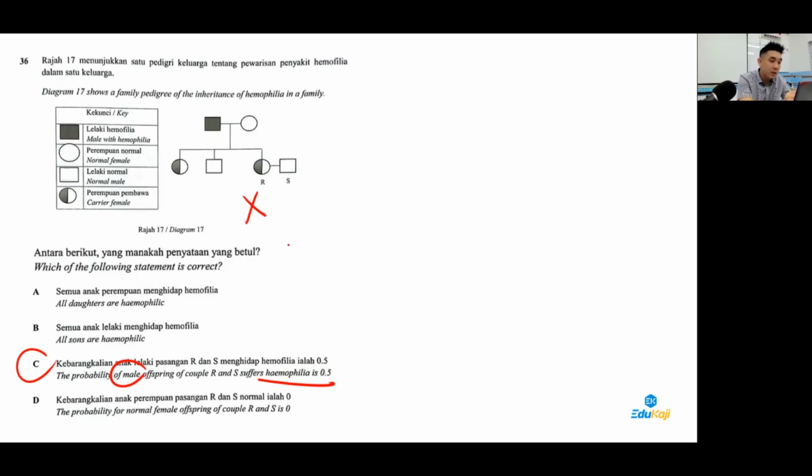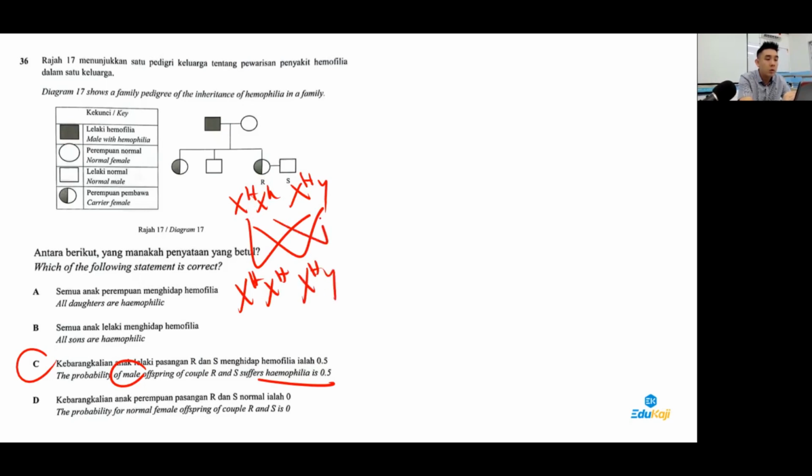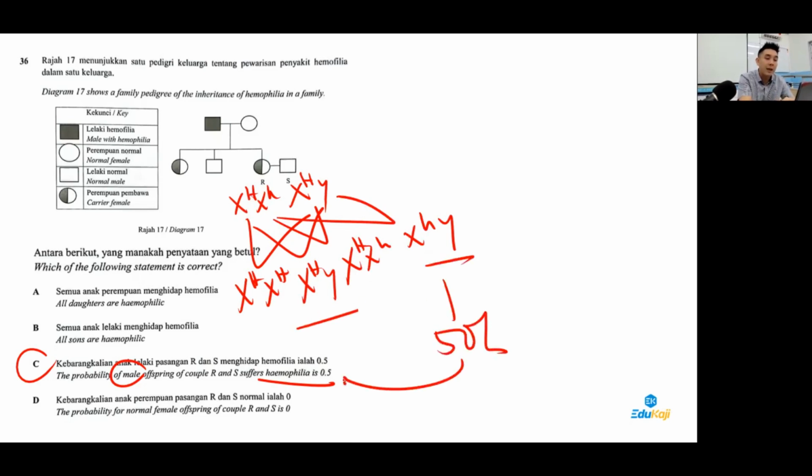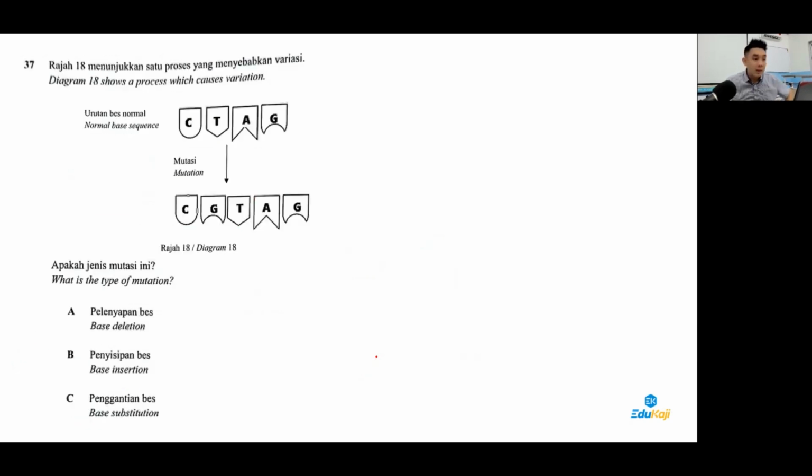So the female is a carrier. The male is normal. 1, 2, 3, 4. So the son 50% chance can get hemophilia. Okay, 36 is C. 36 is C.